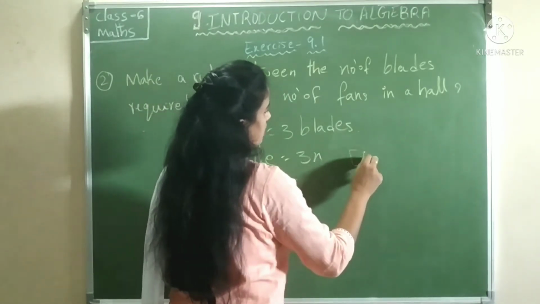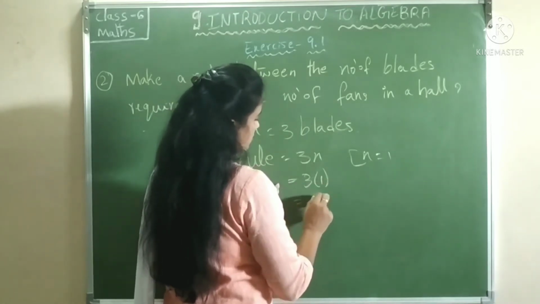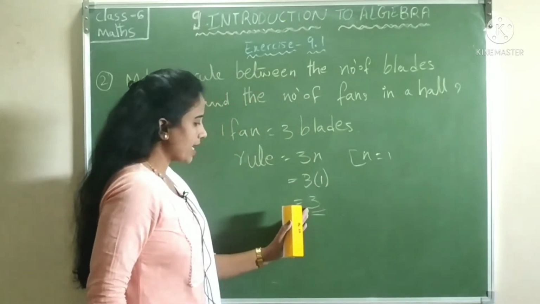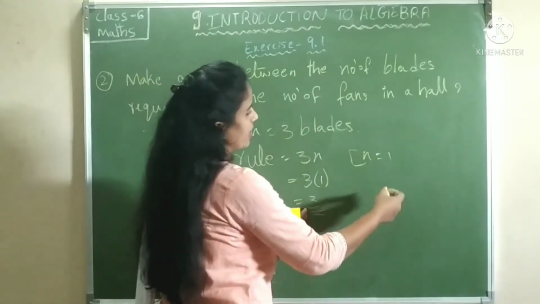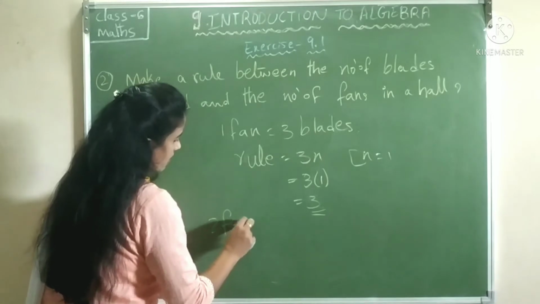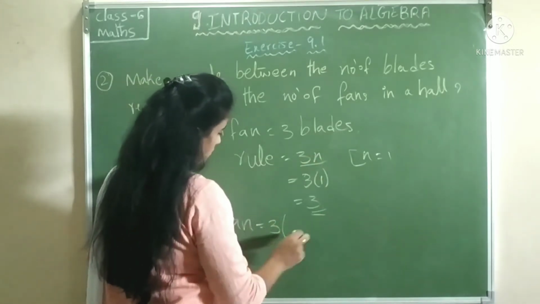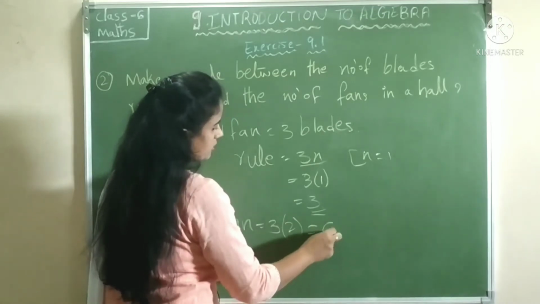Suppose n is equal to 1. 3 into 1 is equal to 3. So one fan has 3 blades. Suppose 2 fans are required for a hall. So 3n, with n equal to 2, is 6 blades.